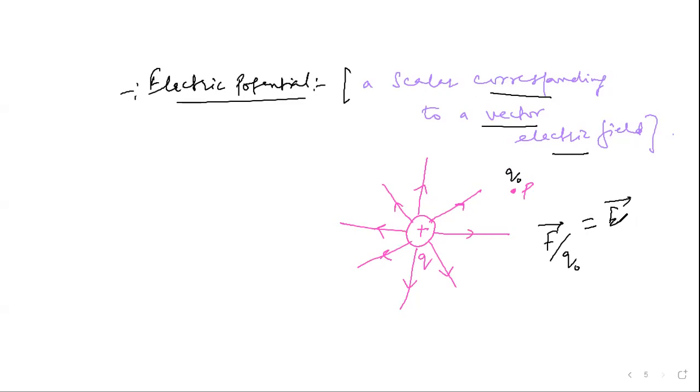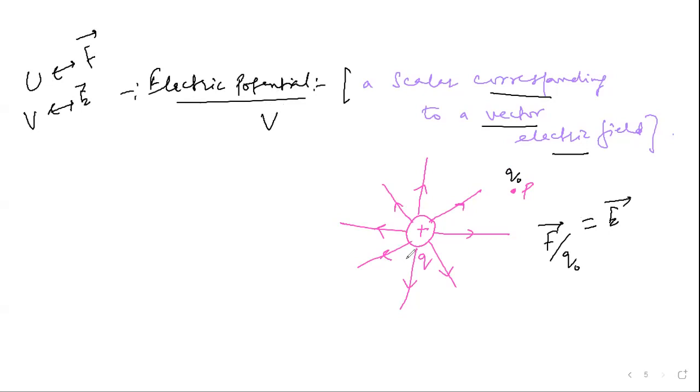See, we obtain electric field from force. Now, electric potential energy is a scalar corresponding to electric force, right? And electric potential, which we denote by V, is a scalar corresponding to electric field.